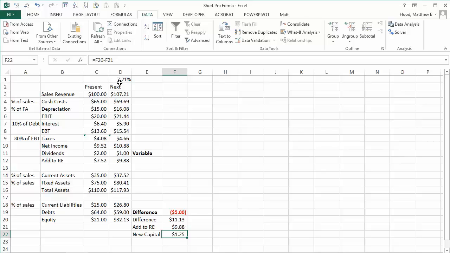Now I can alter these and just keep experimenting with this variable, and this one, and looking at what happens here. Or I'm going to create another thing, which is a data table, which goes into this what if analysis data table. So what I'm going to do here is propose different levels of growth and how much new capital would be necessary.